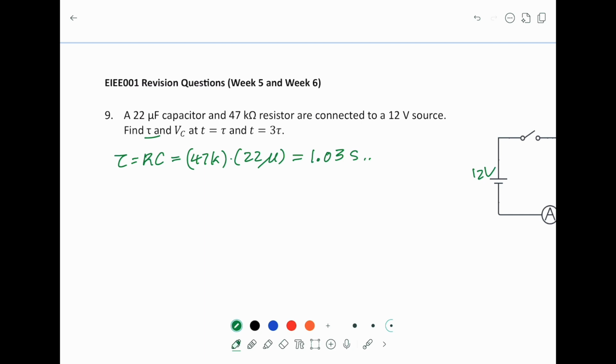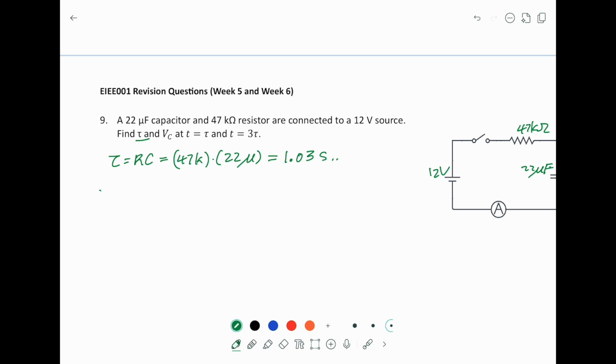First write down the voltage across the C as a function of t: V0, the DC voltage, times 1 minus e to the minus t over RC. When t equals tau, it means 1 RC.